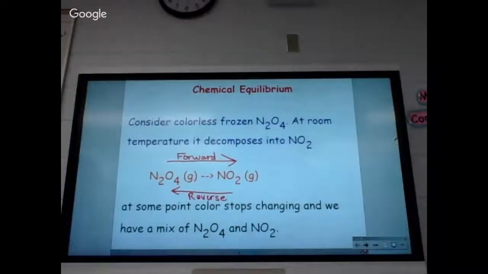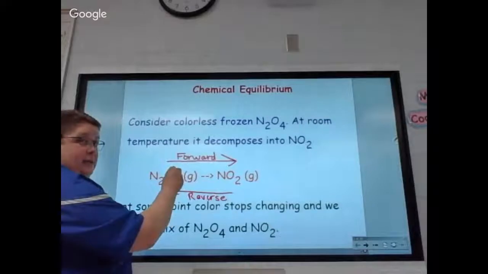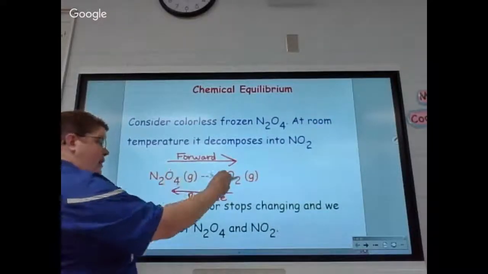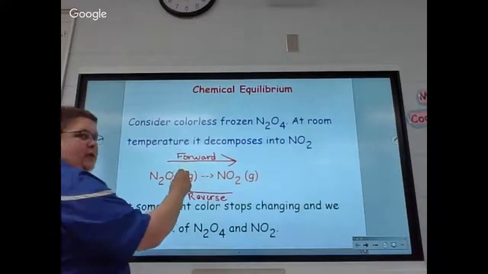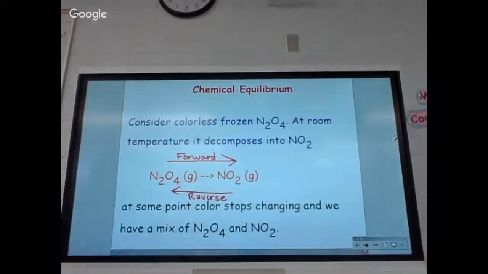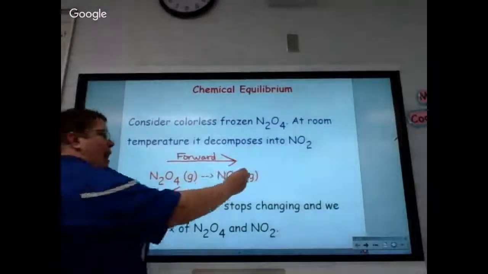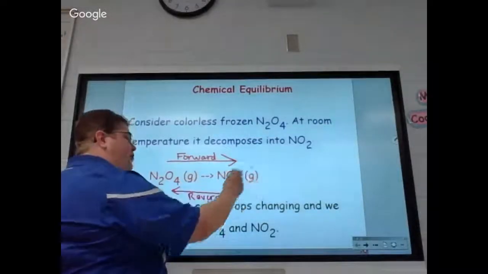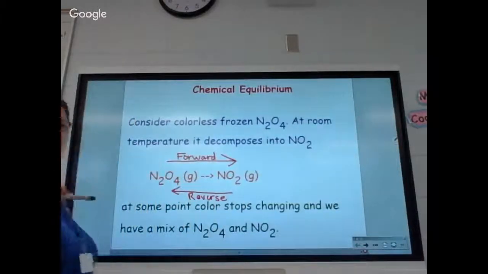Like when it goes backwards, when the products reform the reactants. Because remember, you can't have equilibrium if you don't have two processes. So these products on this side have to react to reform these reactants in order to ever get equilibrium.